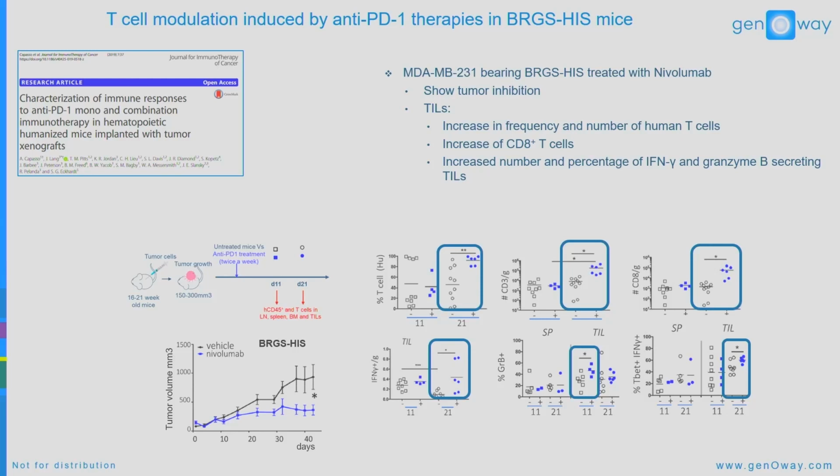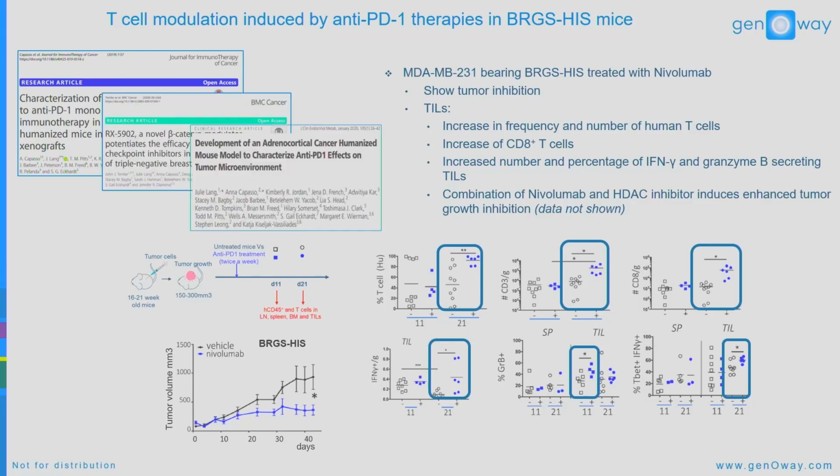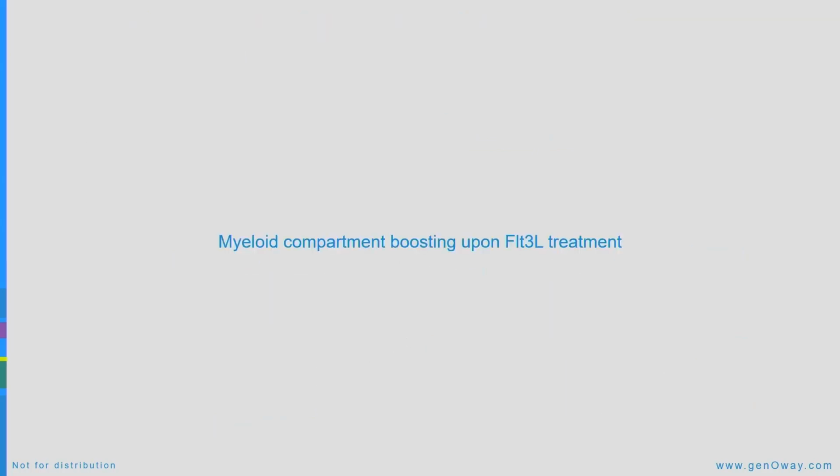Looking into the TME at day 21, they also reported a decrease of MDSCs. And the model was used in order to test some combination therapy between PD-1 and HDAC inhibitor, but also PD-1 and MAP kinase inhibitors. So the T cells are present, they get recruited at the site of tumor development, and they could get triggered and activated by known compounds in the market.